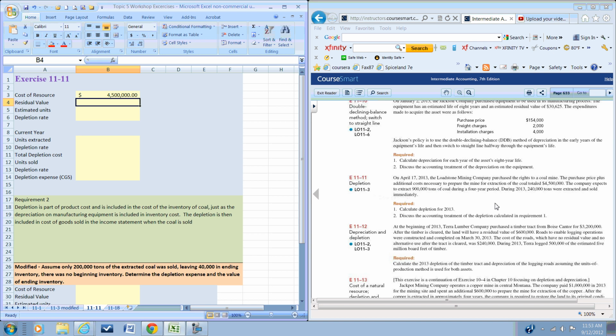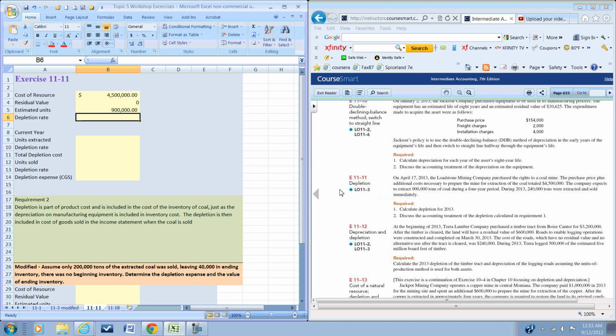The company expects to extract 900,000 tons of coal, and we do not expect to receive any salvage value when we cease operations.